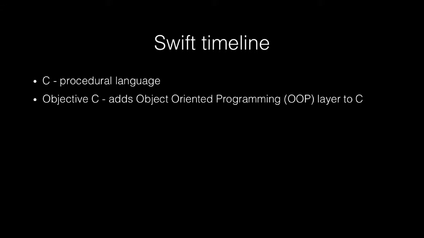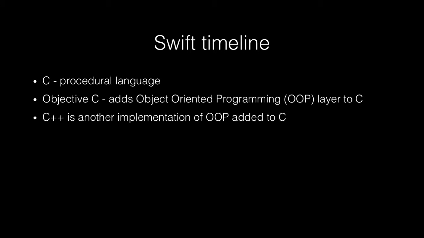Then later on, a new programming paradigm called OOP, or object-oriented programming, was developed, and then OOP was added on to C, and it then became Objective-C. So Objective-C is a combination of C plus an OOP layer added onto it.